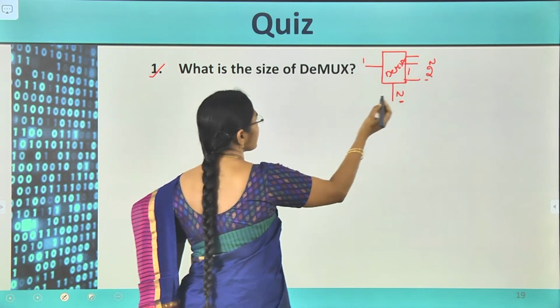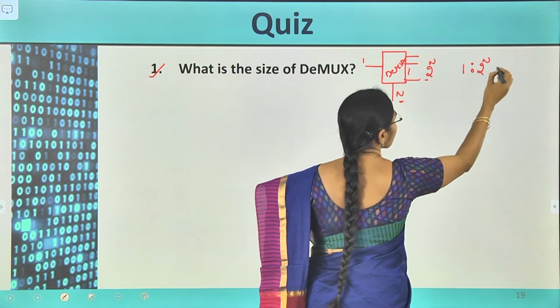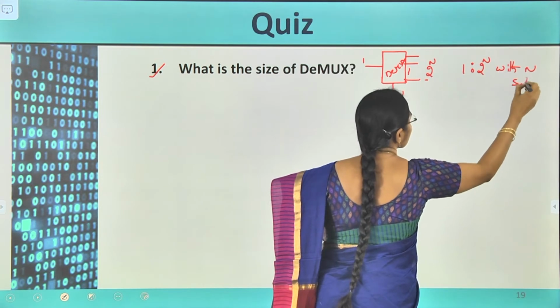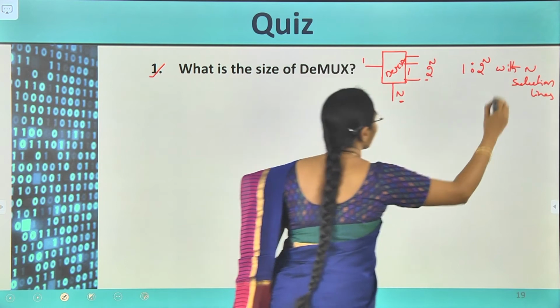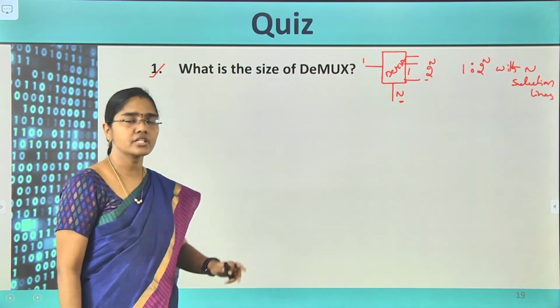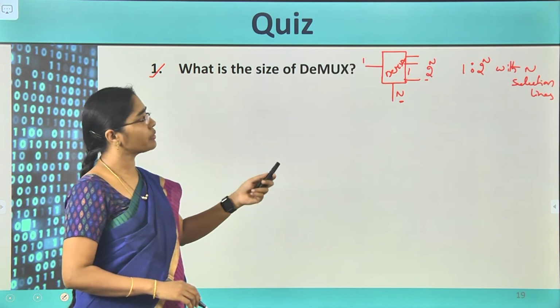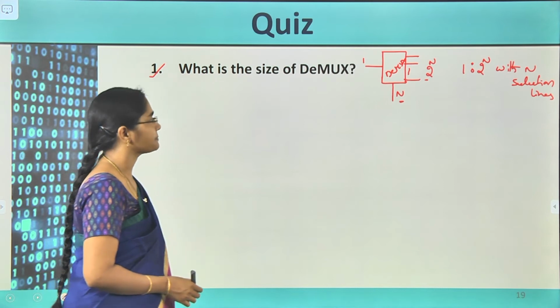So the size can be written as 1:2 power n, or 1/2 power n, we can write it any way, with n selection lines. That is the size of the demultiplexer.